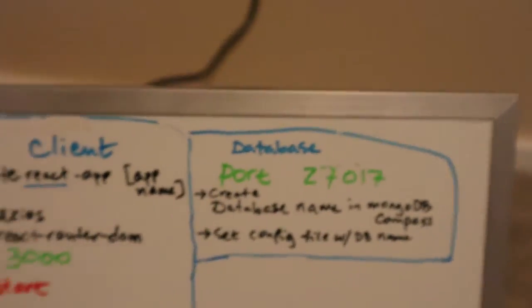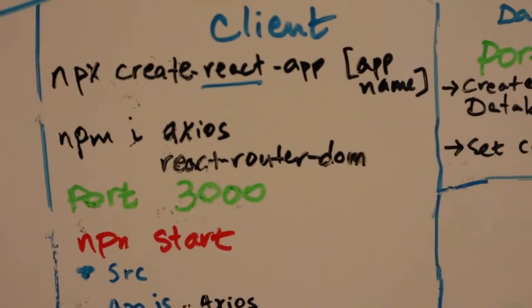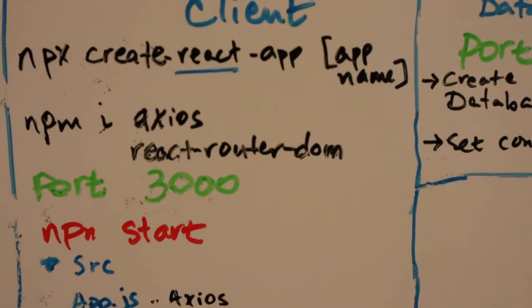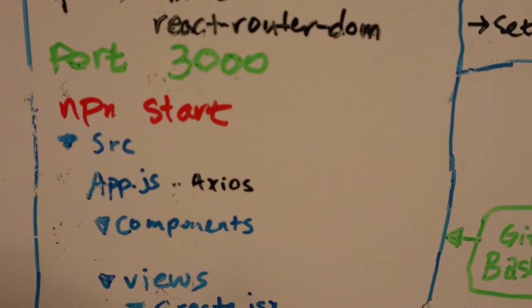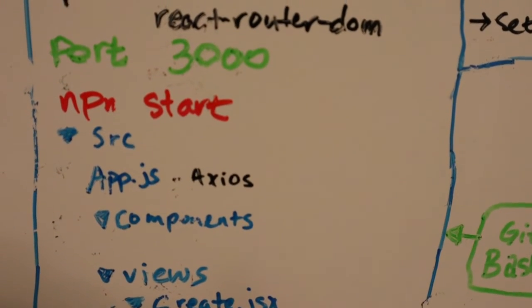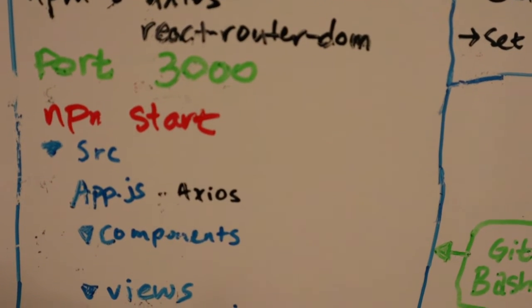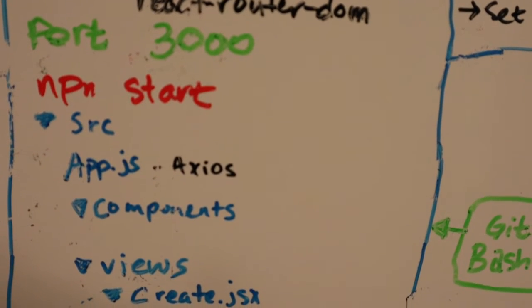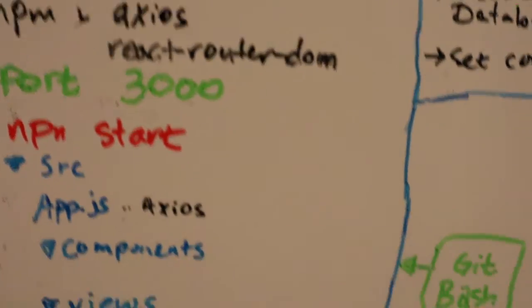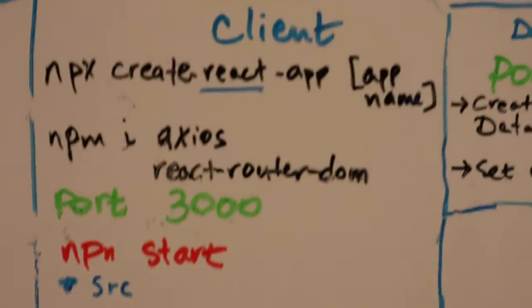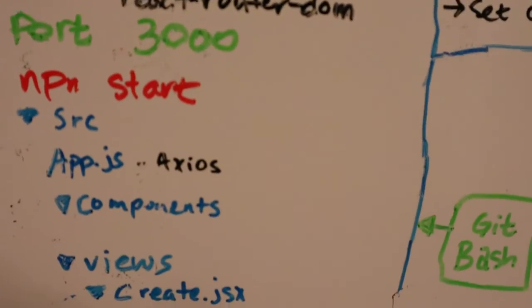Okay, and then on the client side, you've created the React app, downloaded Axios and React Router DOM, and then for this case you would do npm start. You would type in npm start in your git bash to start up the React app.